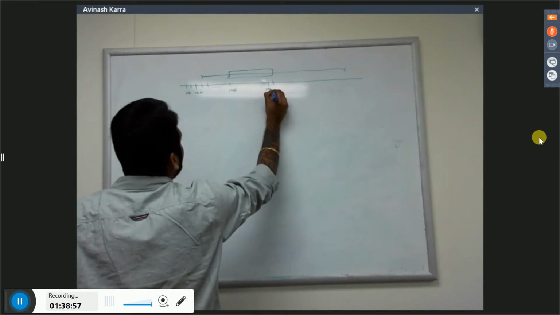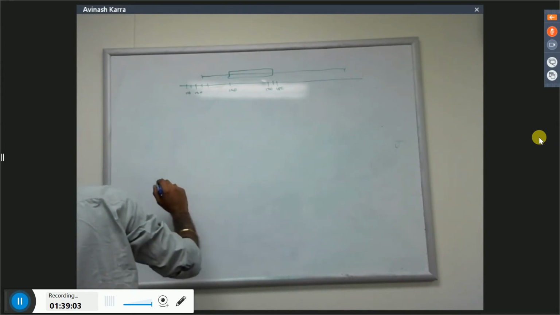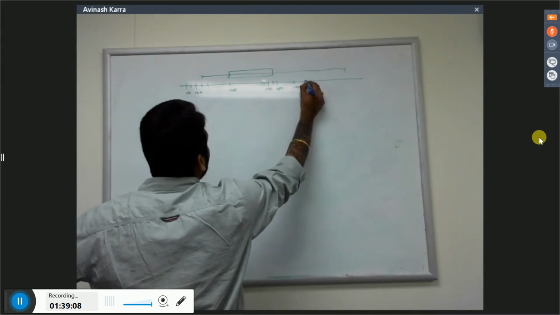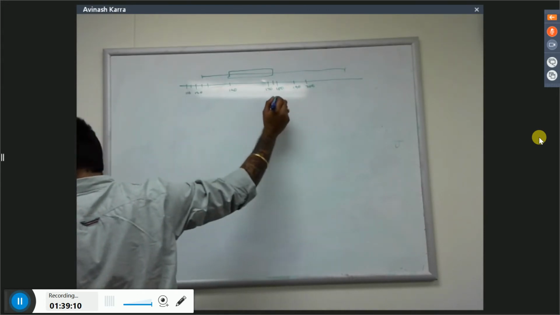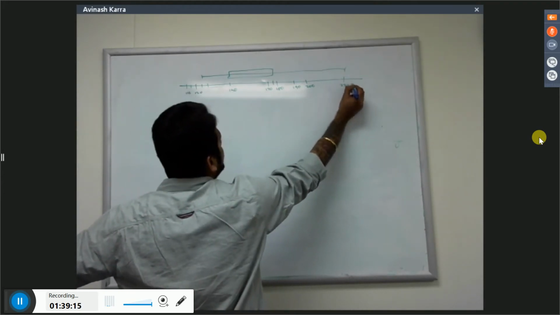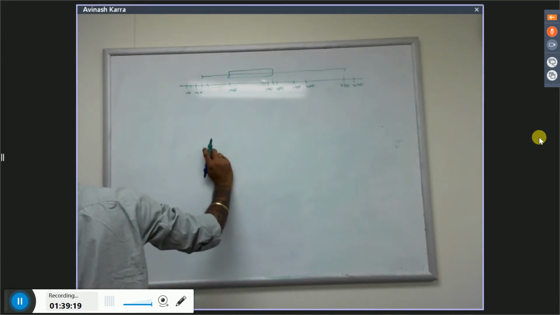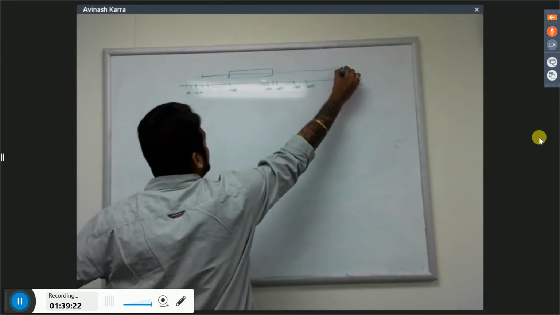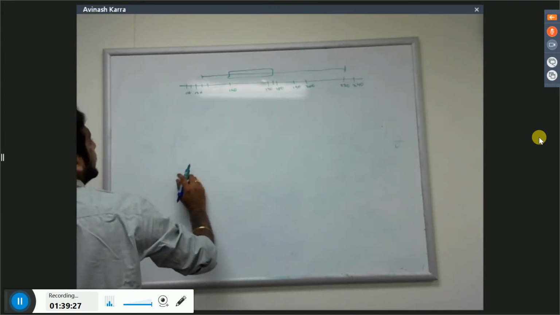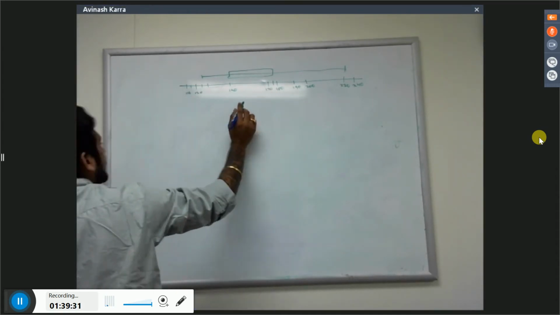This is 170, this 175, 180, 182, 200. 230 is an outlier. 230, 240. 175, and here is the median, 155.